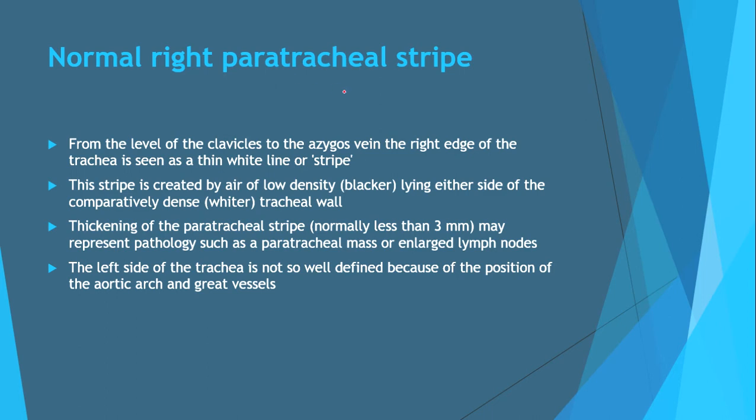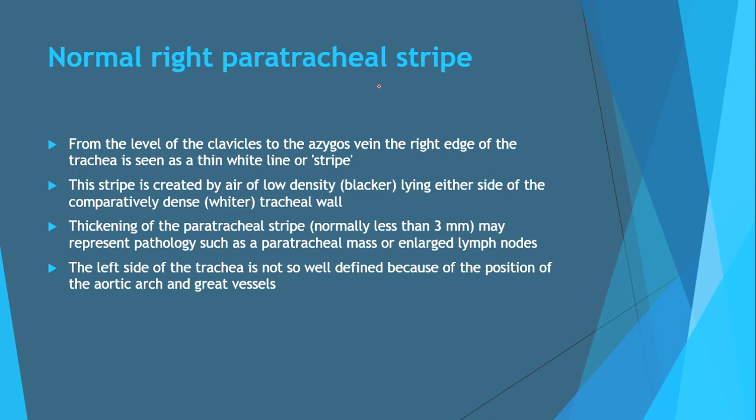Normal right paratracheal stripe. From the level of the clavicles to the azygous vein, the right edge of the trachea is seen as a thin white line or stripe. This stripe is created by airflow of low density, like a line, either side of the comparatively dense whiter tracheal wall.